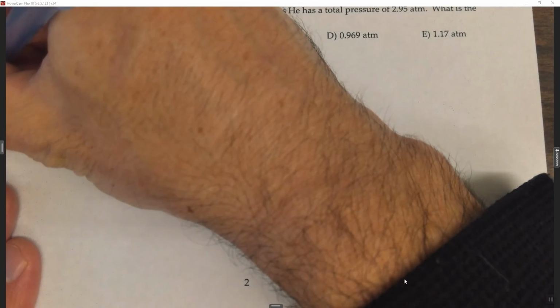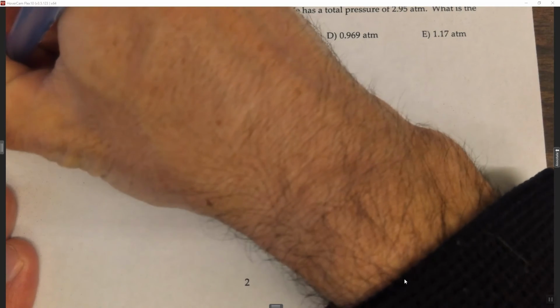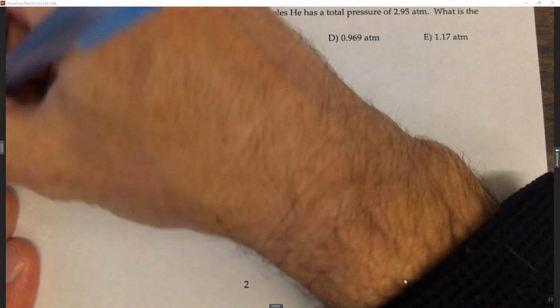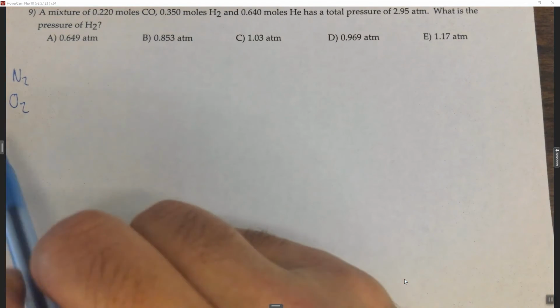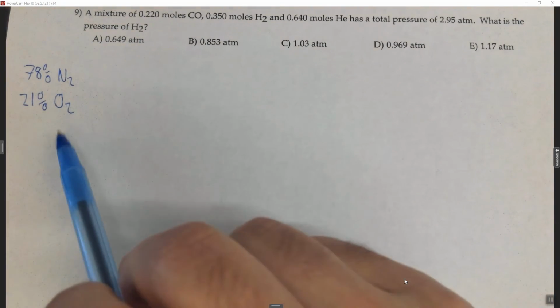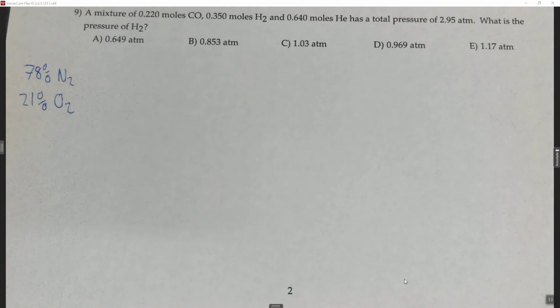I like to talk about air. Air is about 78% by moles nitrogen, and it's about 21% by moles oxygen. It's about 1% by moles argon, and less than 1% of everything else. These are not exact numbers, okay? So the air is theoretically exerting 1 atmosphere of pressure on you as you watch this question.